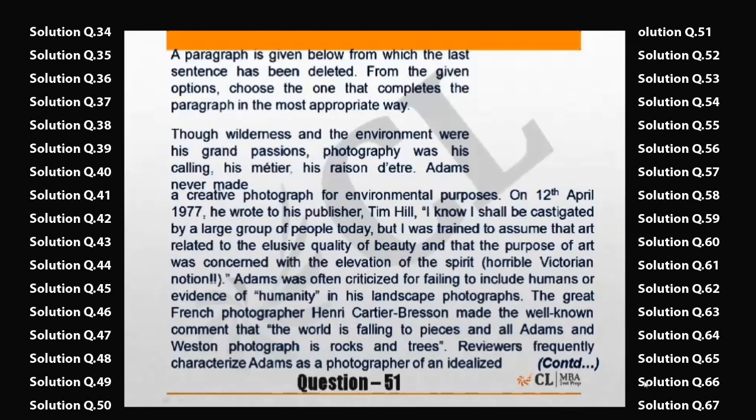This particular passage that was given to you was about Ansel Adams, a very famous photographer, and his love for the wilderness as well as for photography. The passage says that the wilderness was his passion, while it calls photography his raison d'etre, or reason for living. So, any sentence that would continue as a part of the given text would obviously contain essences of both.